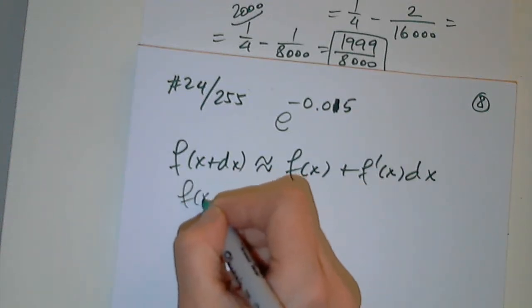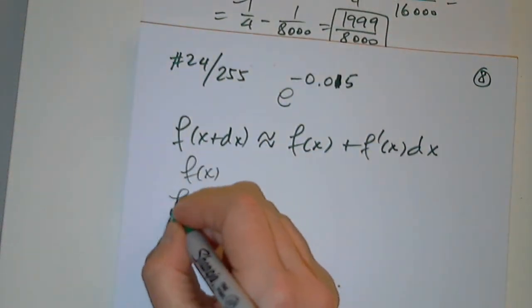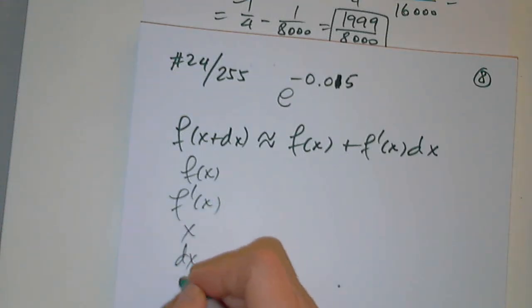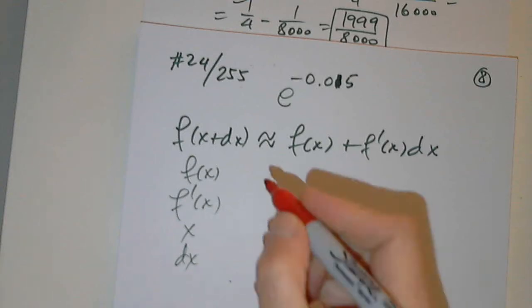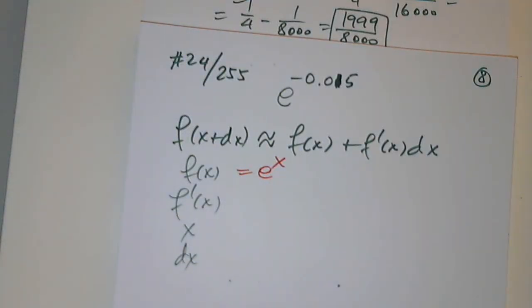And you're going to find for me f of x, immediately f prime of x, and dx. Once we are able to identify these quantities, the problem is solved. F of x. Very good. F prime.